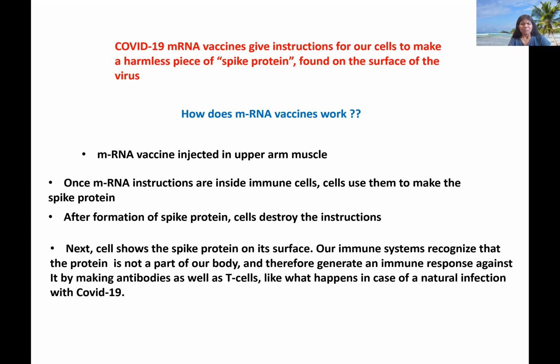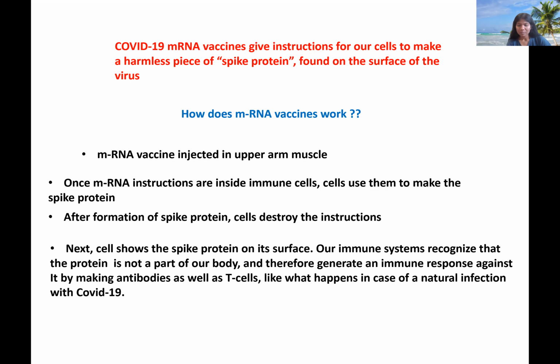Okay, so an immune response against this harmless protein is like a slight fever, headache, or chills, or slight stomach problems like this, but usually we will not face a severe problem as we face in case of COVID-19.